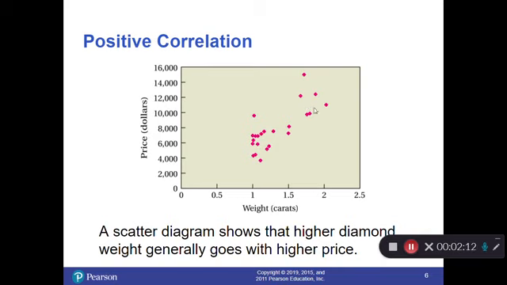So this has a positive correlation because as one variable increases, the other variable increases. And we would say that this has a decently strong correlation because these points are all trending in the same way, and they're all pretty close together.